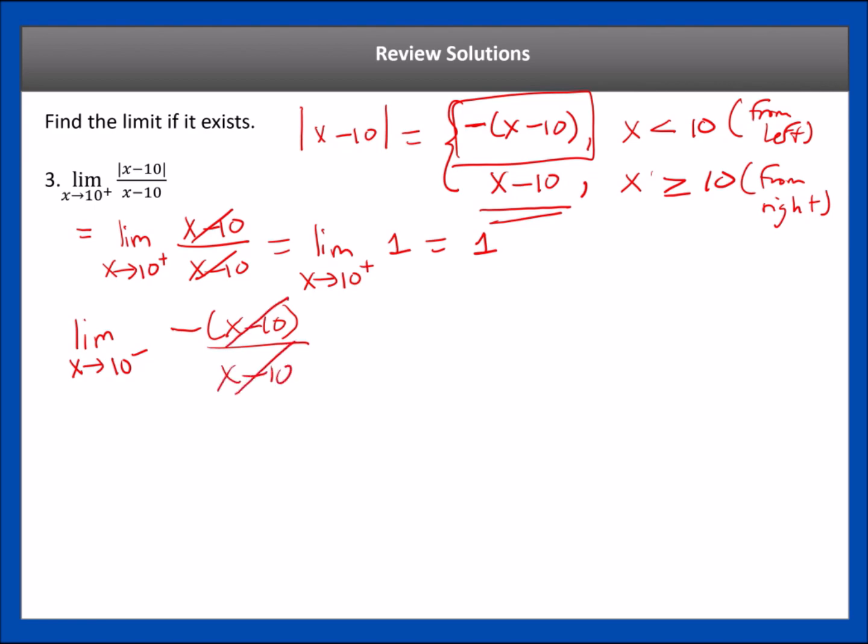And then notice that these will cancel out, leaving me with negative 1. So I get the limit as x approaches 10 from the left of negative 1, which is just negative 1. Okay? So we know that the two one-sided limits do not agree. So we know that the overall limit does not exist, but the one-sided limits do. Okay? So just a side note, a side example, if you will.